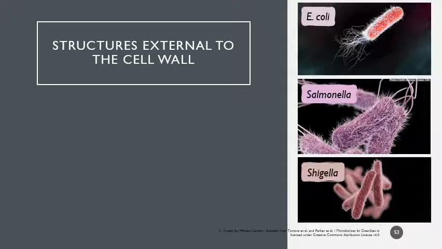They're gram-negative rods that live oftentimes in our gut. But if you look at them, some of them have these hairy structures. E. coli has a bunch of these longer structures coming out. Salmonella only has a few of them, and they're kind of coming out all over the cell, not just clustered in that one spot. And Shigella doesn't have any of those. It's just covered in that fuzzy stuff.